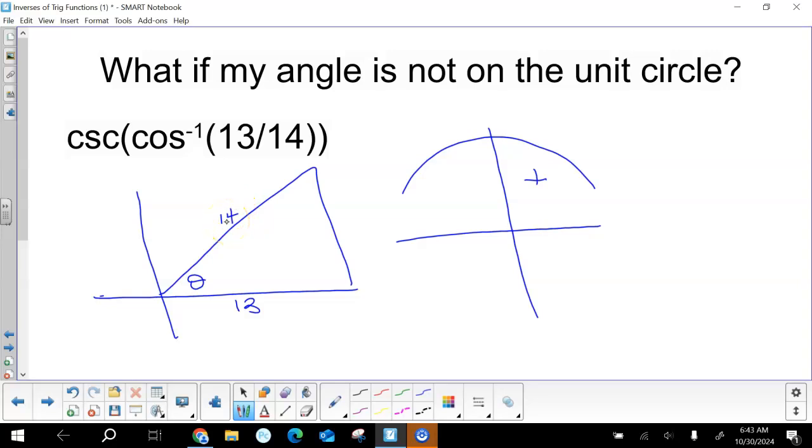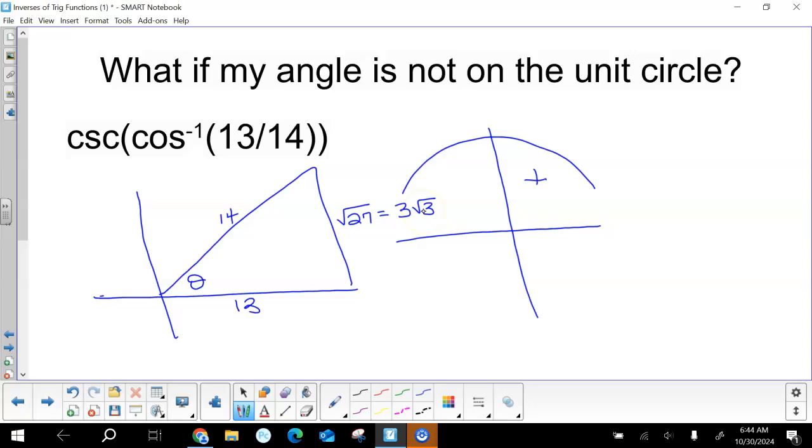I'm going to use Pythagorean theorem, 14 squared minus 13 squared, and that is going to give me, I think it was the square root of 27. So here, this is going to give me the square root of 27, which is going to give me 3 root 3.